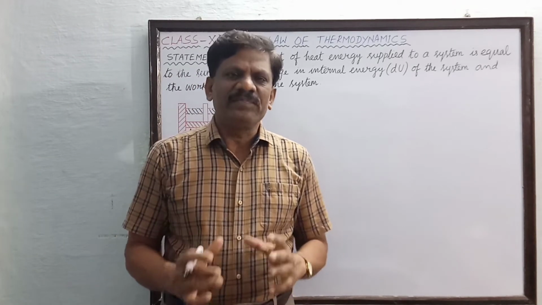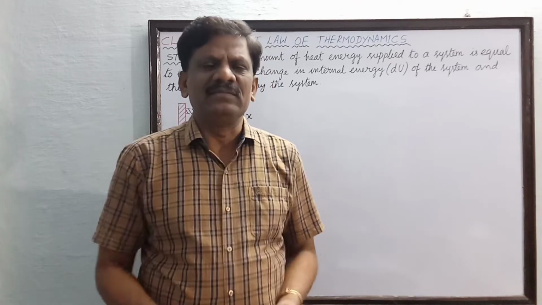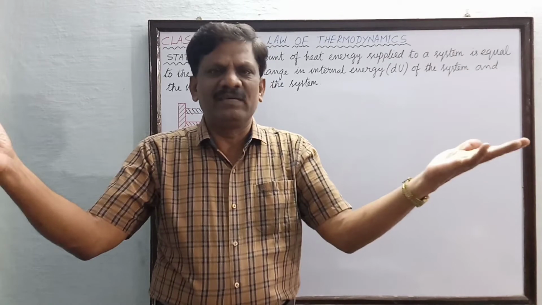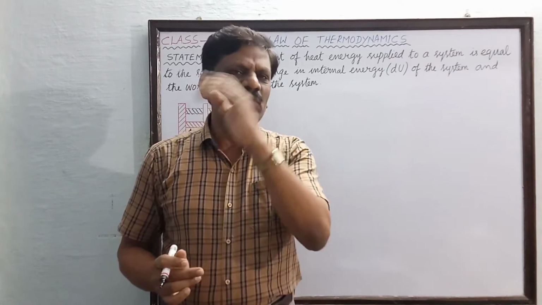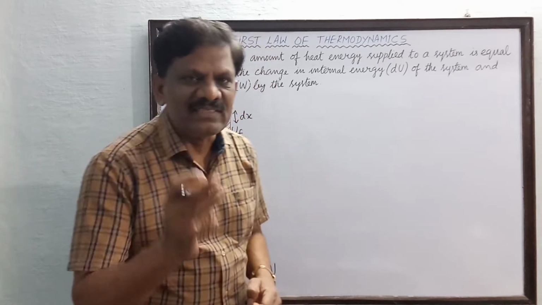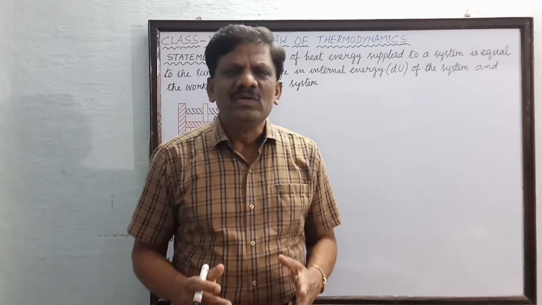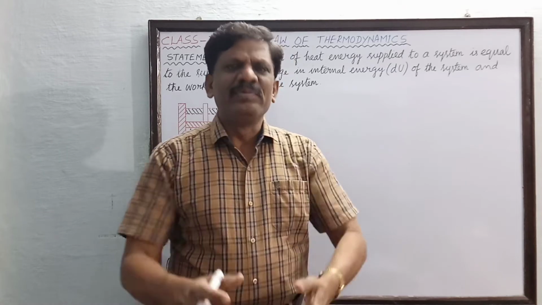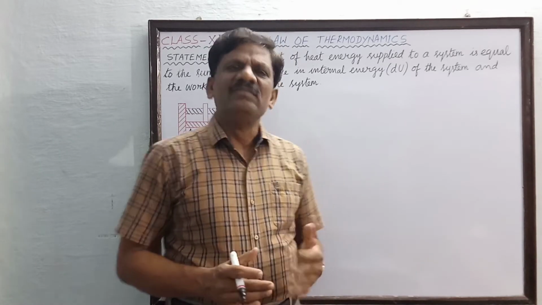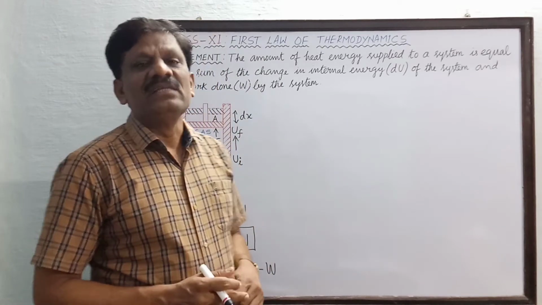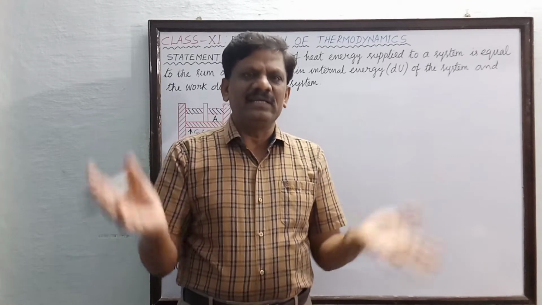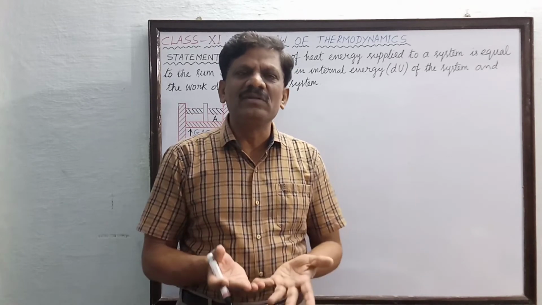But from all these three, what do we come to understand? The energy which is supplied to the system is equal to the sum of the other two forms of the same heat energy only. Naturally, this is based on the law of conservation of energy. Energy which is disappearing is converted into work, so energy absorbed by the system is equal to the energy released by the system. Naturally, the net energy is equal to 0.